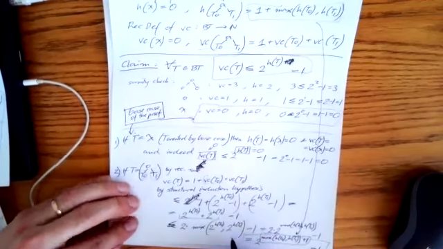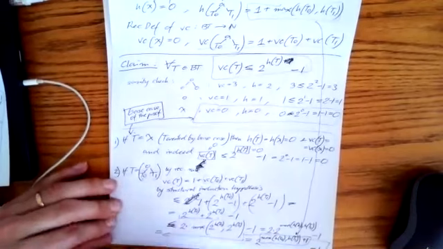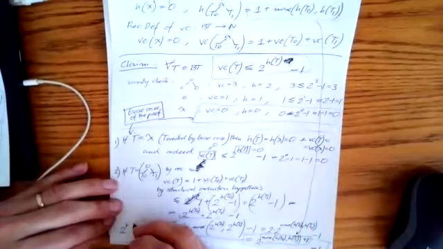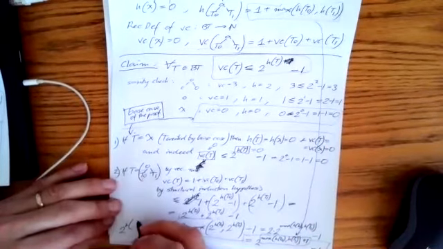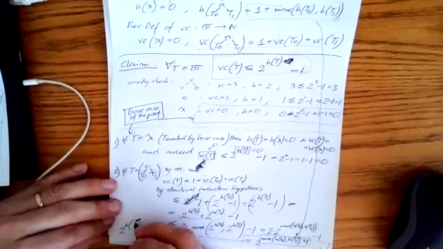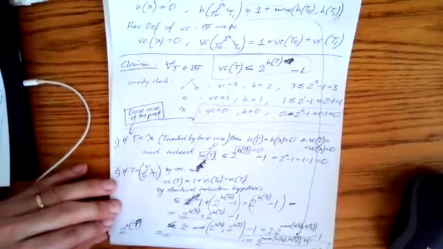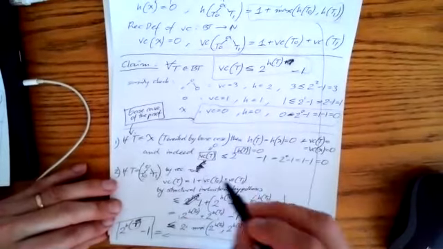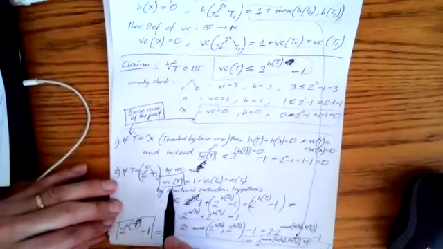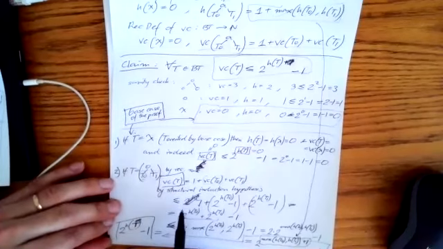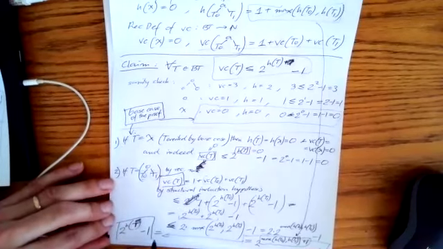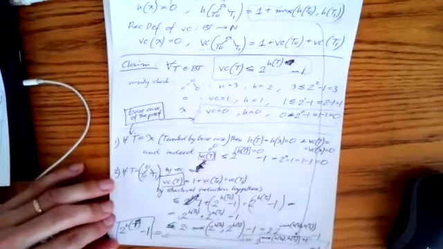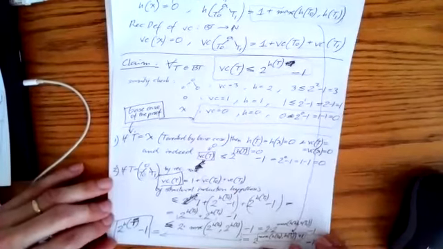Sorry, I'm running out of space, can be rewritten as 2 to the height of this new tree, which is T, height of T, minus 1. And so I am now happy, right? Because I have shown that VC of T is less than or equal to 2 to the height of T minus 1, which is my goal. Okay, sorry for running out of paper at the end.